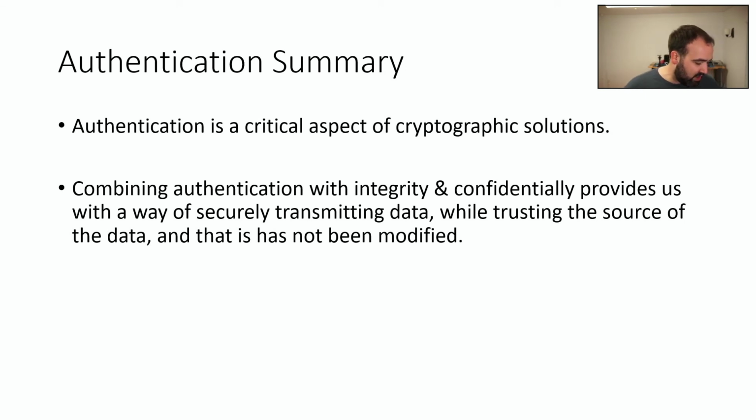So authentication is one of the most critical aspects of a cryptographic solution, but it's not like everything. It relies on all of them. So with authentication and integrity and confidentiality, it basically means we can now securely transmit a file such that no one can read it.